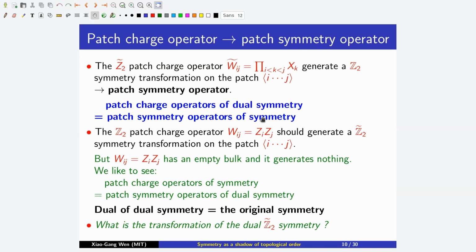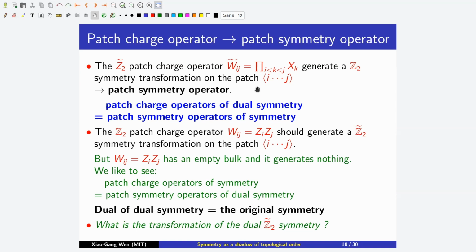And so again, this relates to another philosophy. That is, the patch symmetry operator is actually enough for us to describe symmetry. Usually when you say symmetry, we do the symmetry transformation everywhere. But if you do the symmetry transformation over a patch, this operator is enough for us to select local symmetric operators. Remember, only local symmetric operators are important.